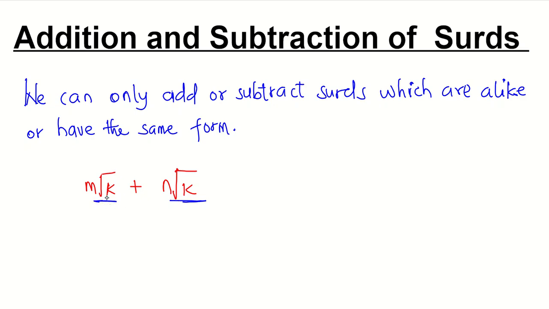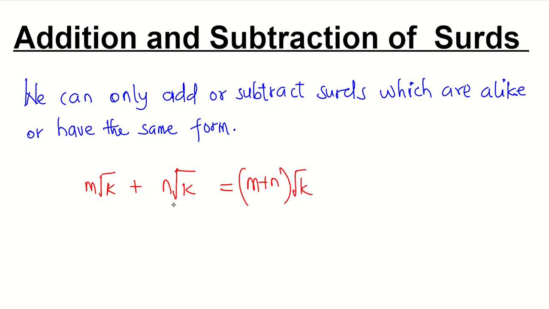Now, if the root components are not the same, then we cannot add. So once they are the same, we add the coefficients, which means we have m plus n. And since the root components are the same, we write one of them, the square root of k.